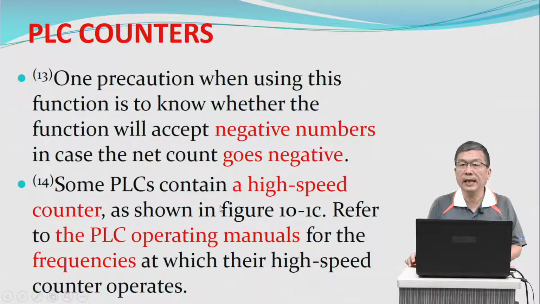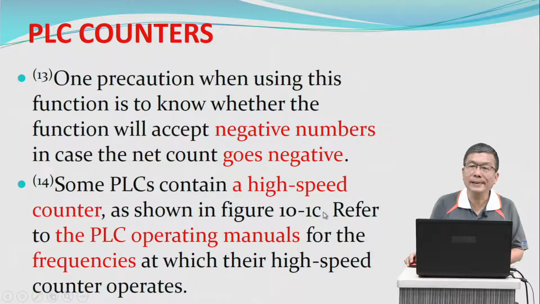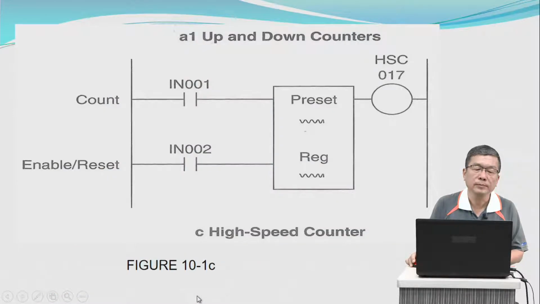Some PLCs contain high-speed counters as shown in figure 10.1c. Refer to the PLC operating manuals for the frequency at which the high-speed counter operates. This picture shows the high-speed counter.